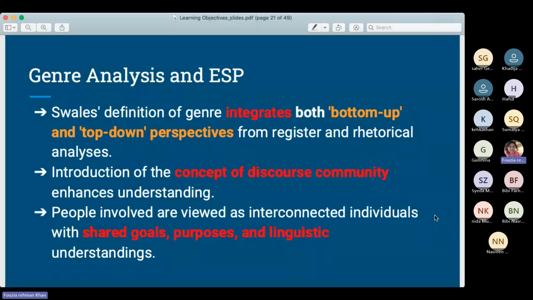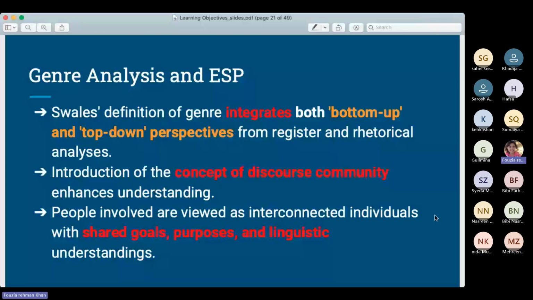This is how John Swales defines it. The definition is in your book, and it can be easily understood. But what we need to notice and remember when we are talking about genre analysis are some of the terms and concepts, for instance, discourse community, shared goals, purposes, linguistic understanding, right?